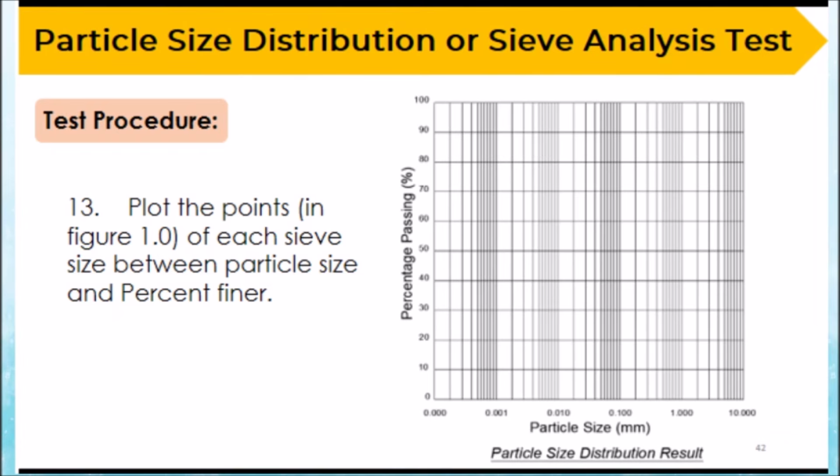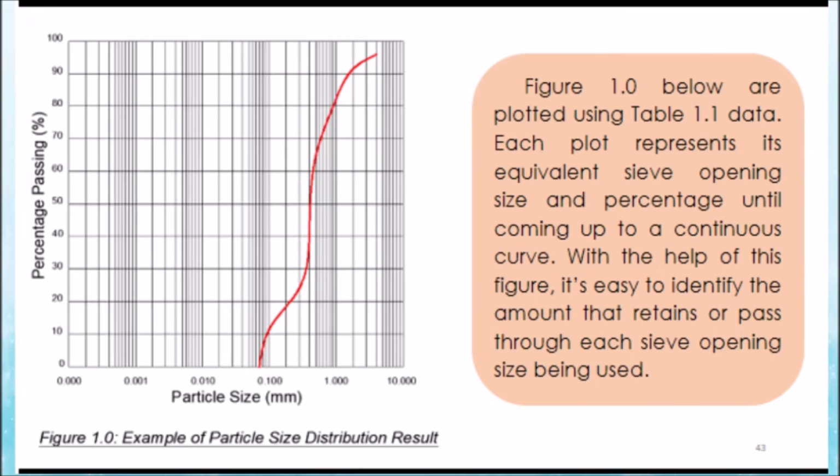So, next is that to complete this, we must plot the points in figure 1.0 of each sieve size between particle size and percent finer. So, kailangan lang natin siya i-plot. Here, in figure 1.0, that is the data that we obtained, so naiplot na siya.